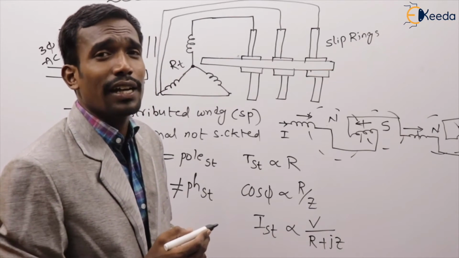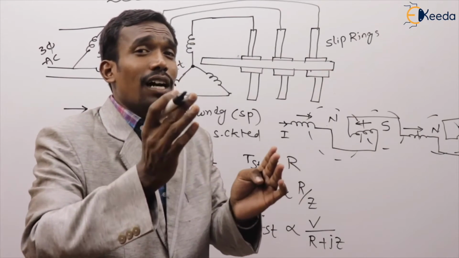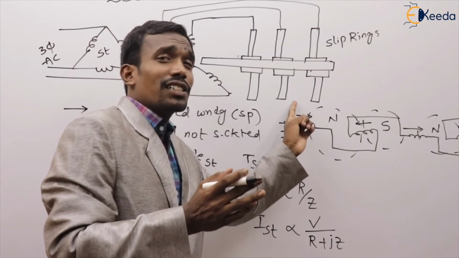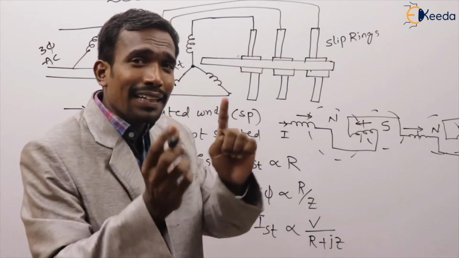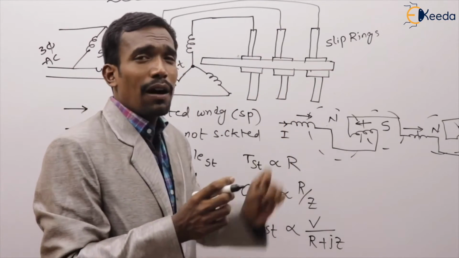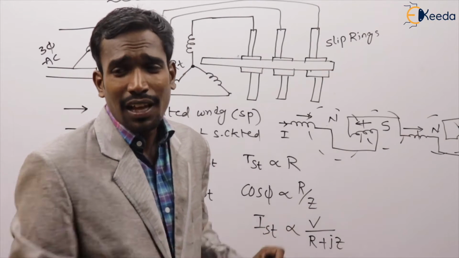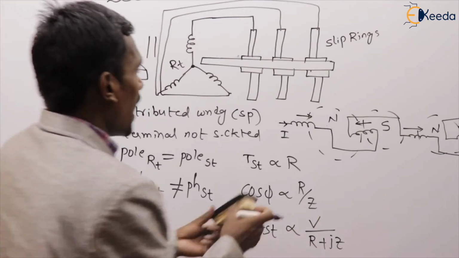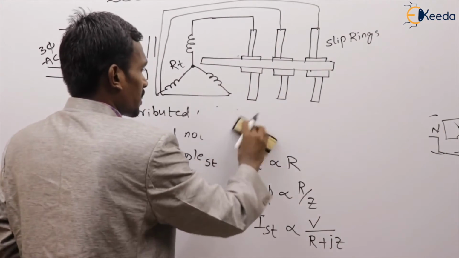How can we increase it? By adding extra resistance with the help of slip rings. How, sir? How can we add the extra resistance? Let's see here how we can add extra resistance.